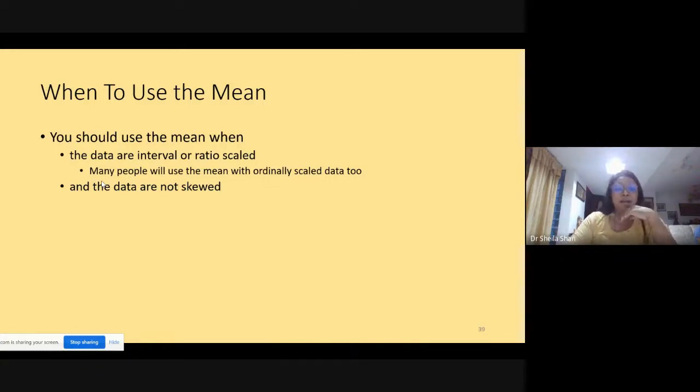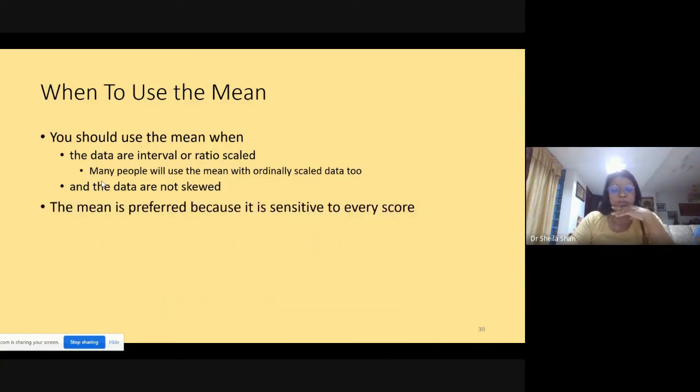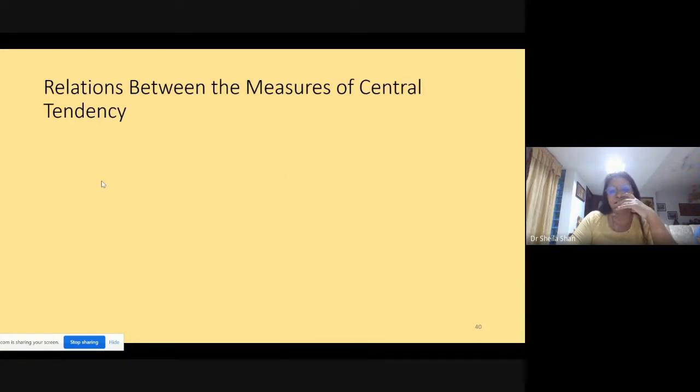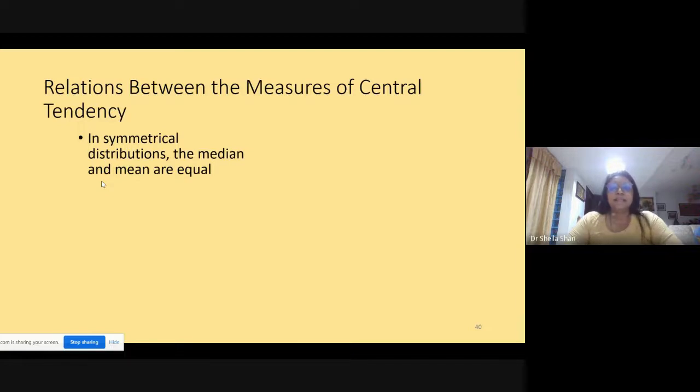The mean is preferred because it's sensitive to every score. So when a number changes a bit, your mean will change accordingly. If you change one score in the data, the mean will change, so it's very sensitive.